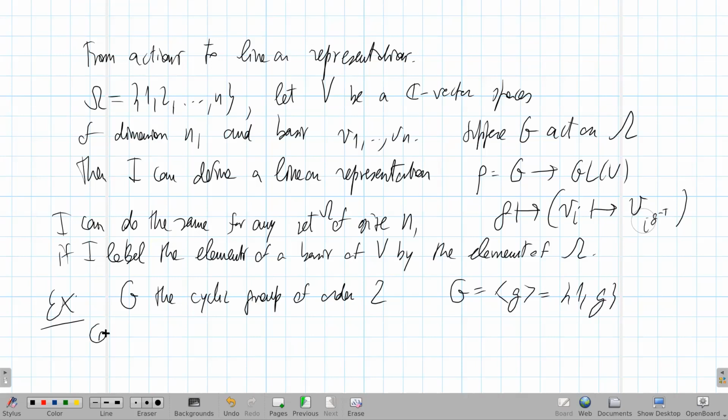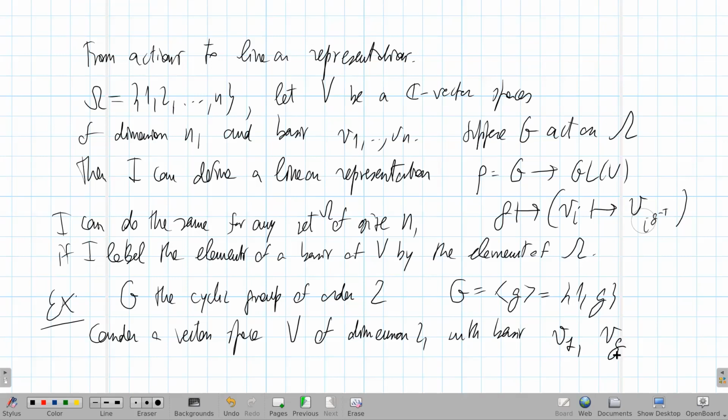So consider a vector space V of dimension 2 with basis V1 and Vg. So the basis is not indexed by the positive natural numbers, but by the elements of the group G.